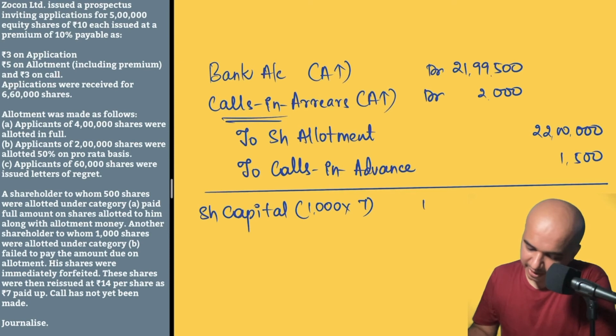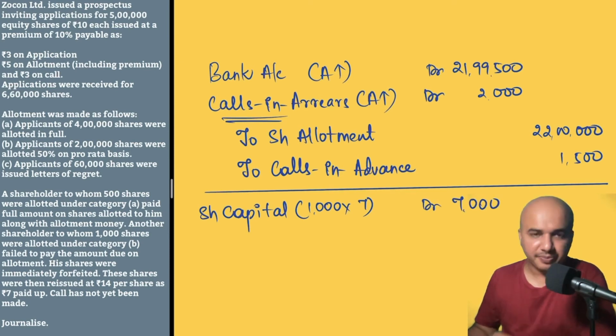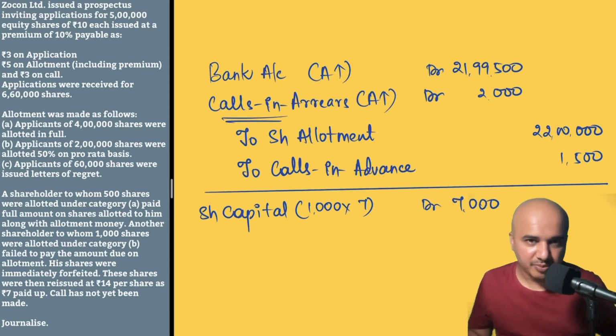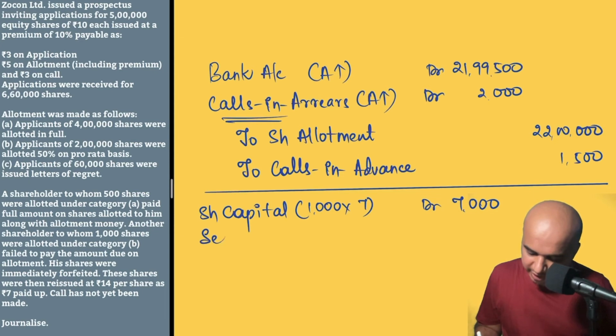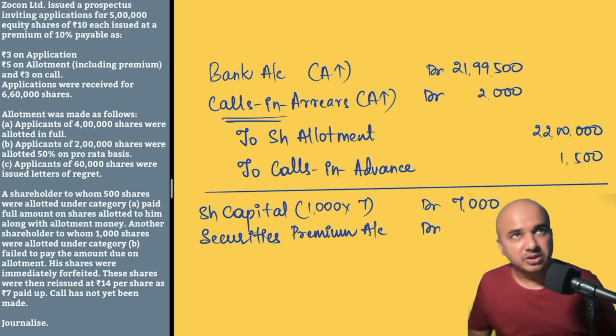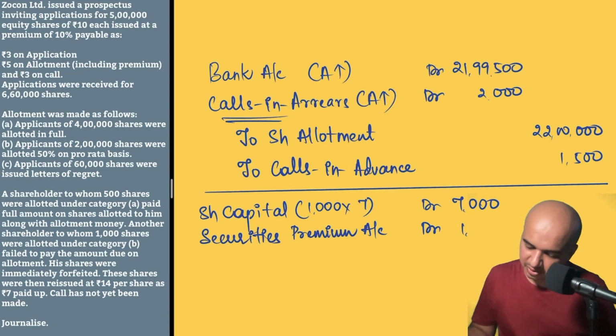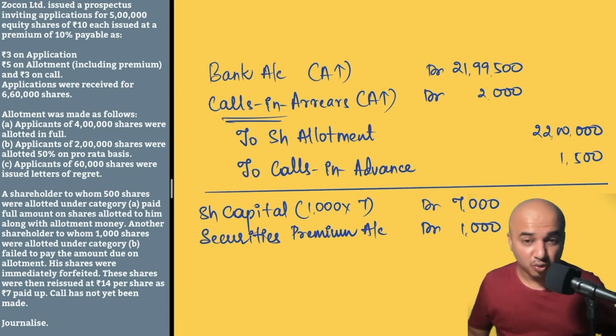So this will be 7,000. But did we receive the premium from that person? Of course not. So what should we do? We will reverse that also, but separately. Securities premium account. So that would be 1000 shares into 1 rupee, 1000 rupees. So 7,000 plus 1,000, 8,000 is debited.